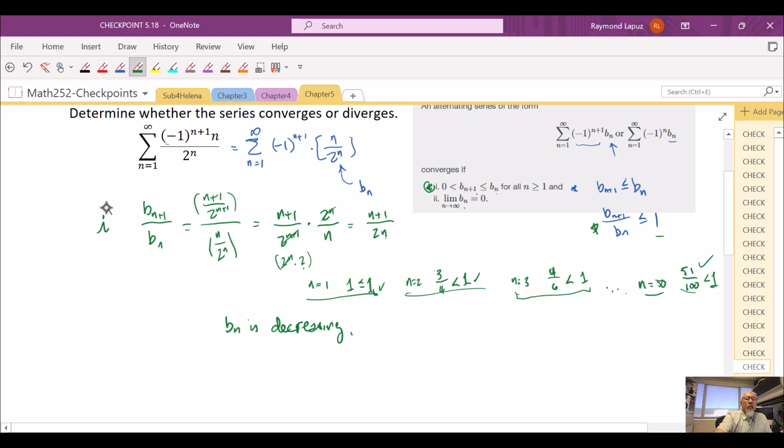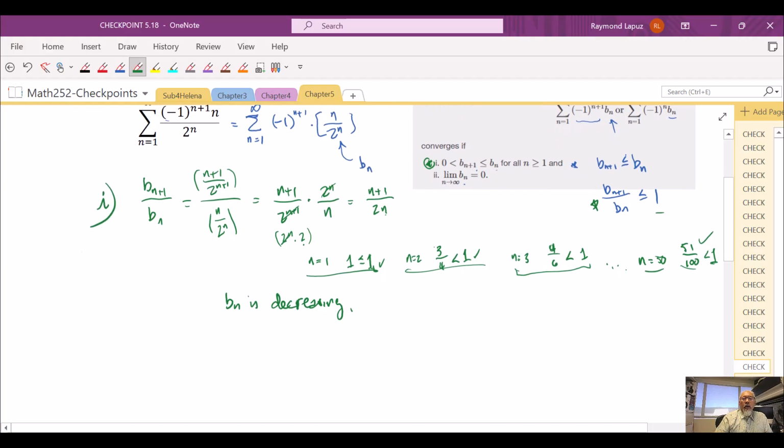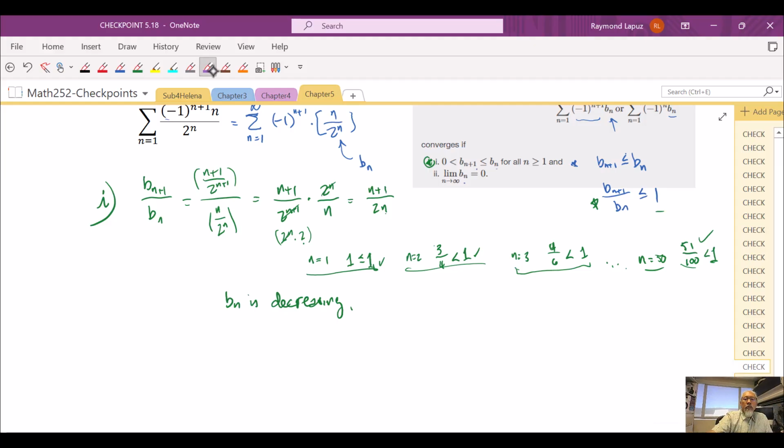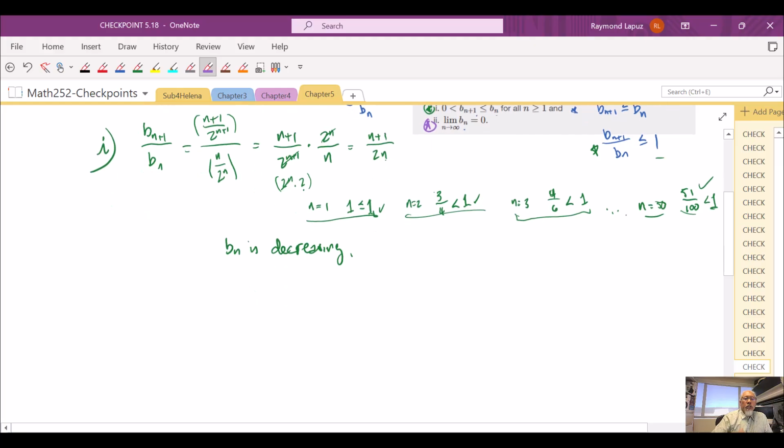That's I. And now let's go to the next one, which is II, and simply take the limit as n goes off to infinity of b sub n. And we do this by taking the limit as n goes to infinity of n over 2^n.